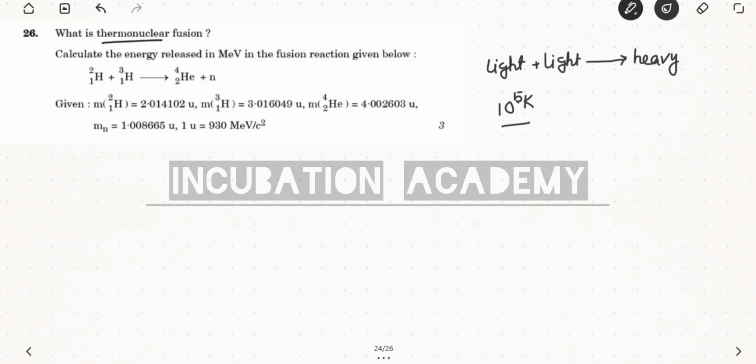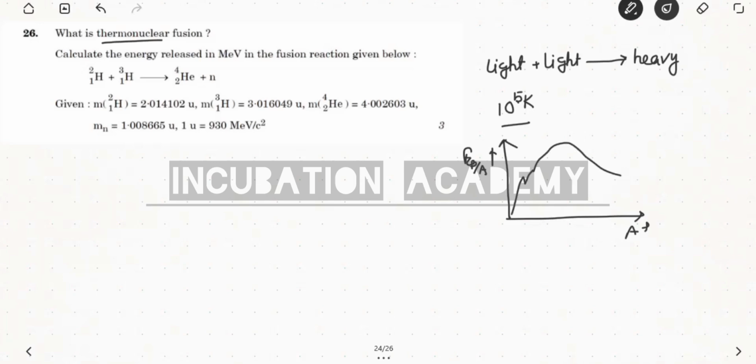Then we have to do two or three nuclear fissions, and nuclear fissions can generate such a high temperature, and at that temperature the light nuclei merge and form the heavy nuclei, because all of this is governed by the binding energy curve, that is the binding energy per nucleon, E_B by A, against the mass number. It increases like this, and after that it decreases.